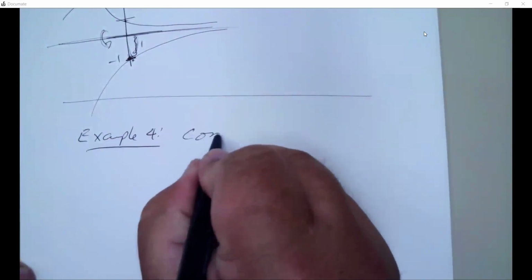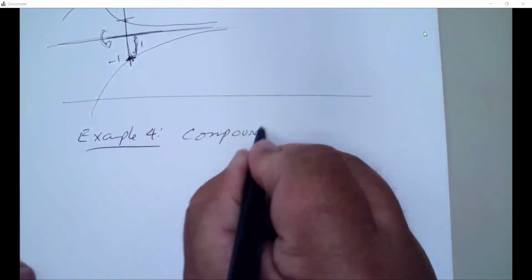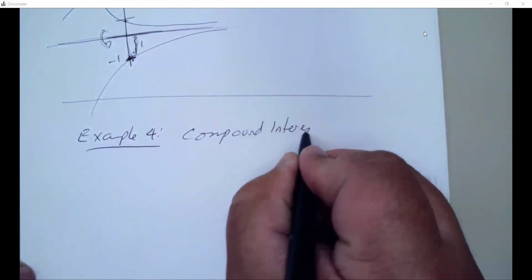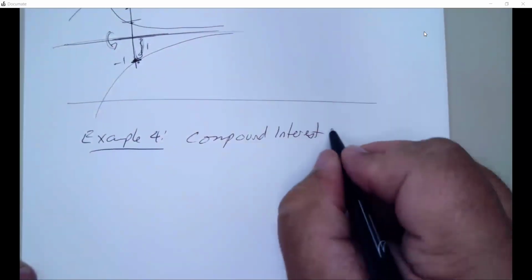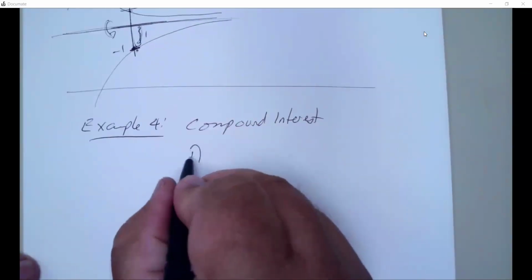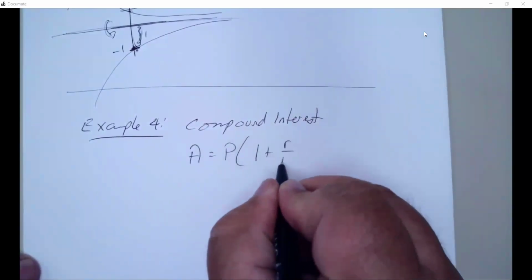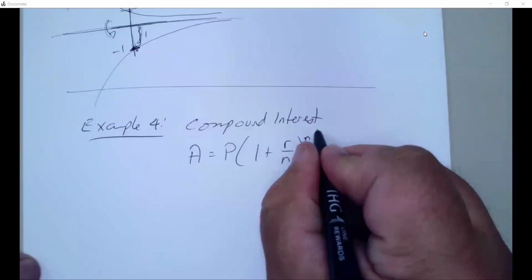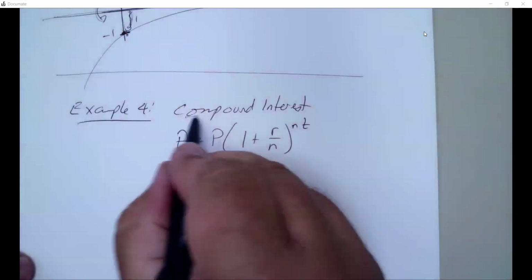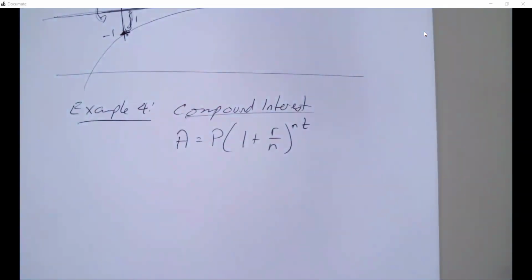This is compound interest. For compound interest, we use this formula. What is compound interest? Compound interest is what credit cards do.